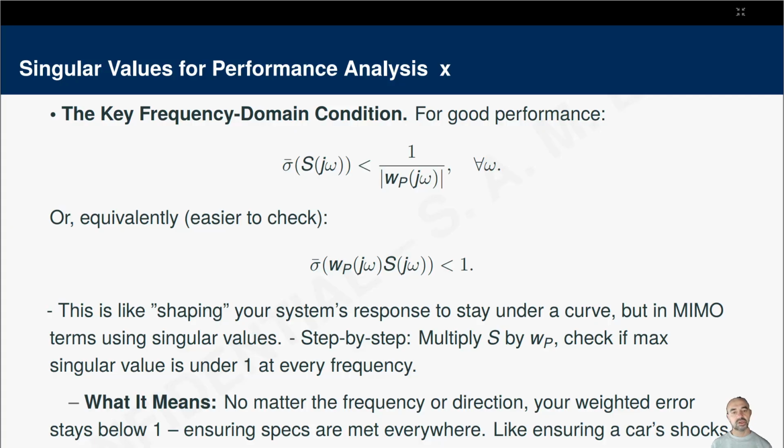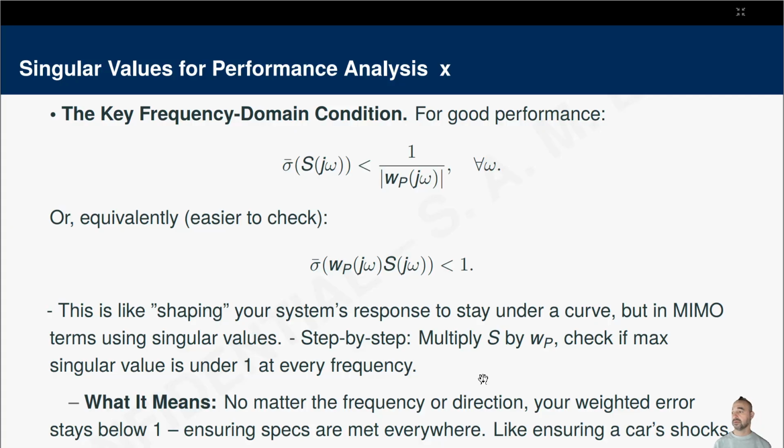This is essentially like shaping a system's response to stay on the curve. But in MIMO, we're doing that using singular values. This is what we do. So multiply S by W_P and check if max singular value is under 1 at every frequency.